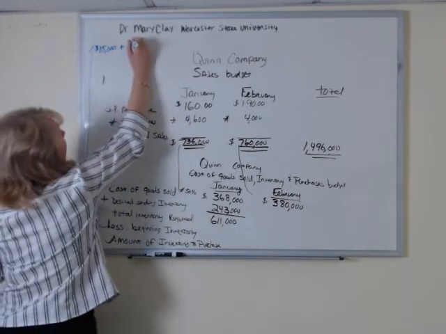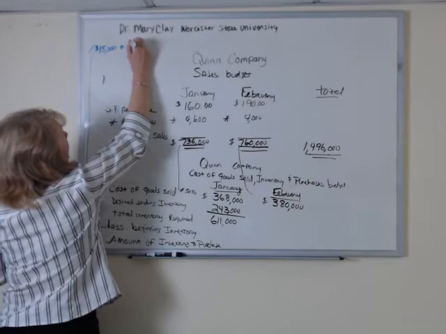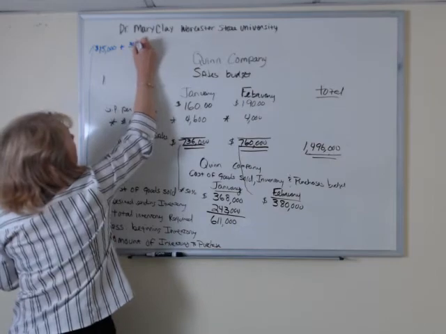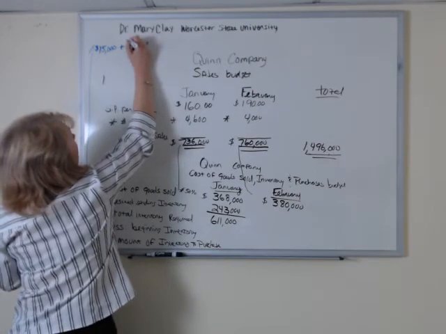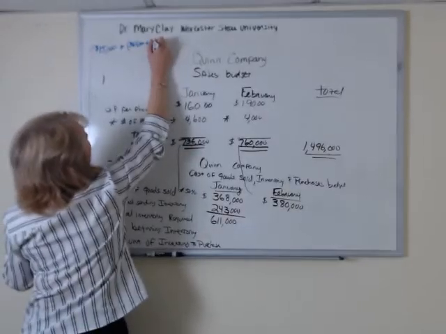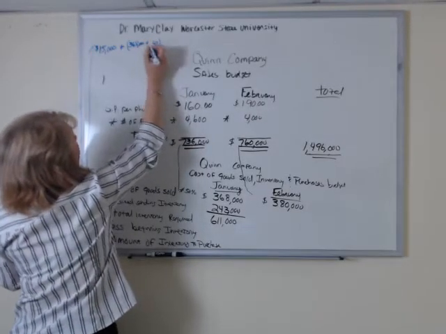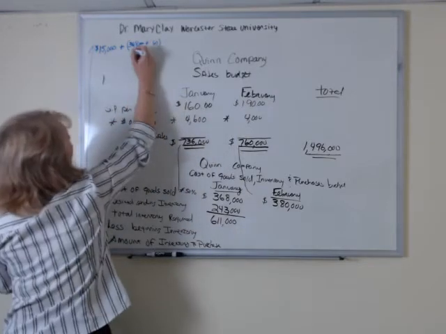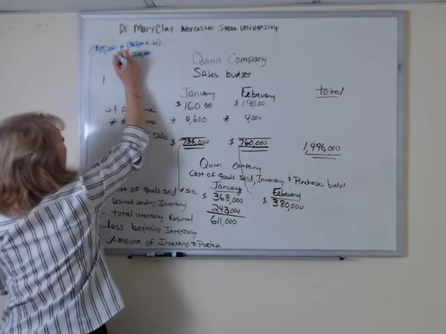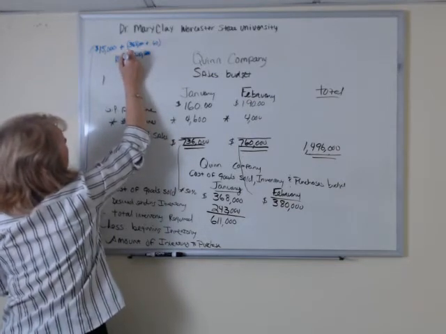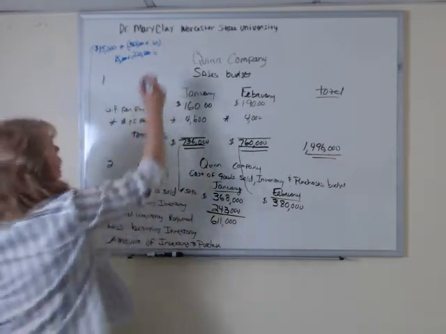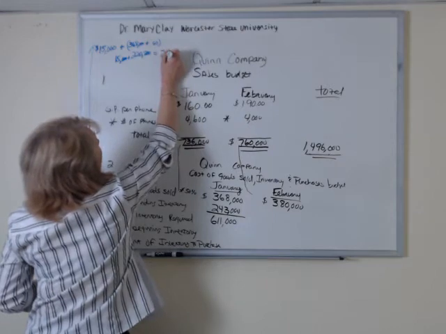Let me show you how you get it. 368,000 times 60% equals 220,800. Now we'll just add the 15,000: 15,000 plus 220,800 gives you 235,800.